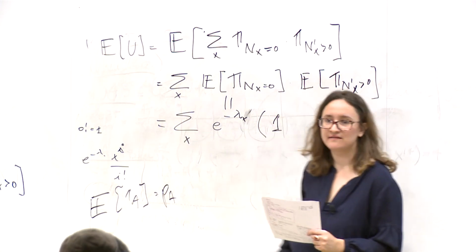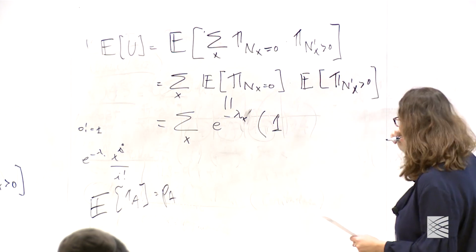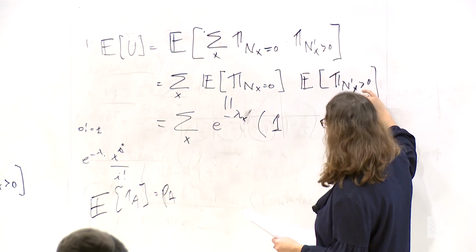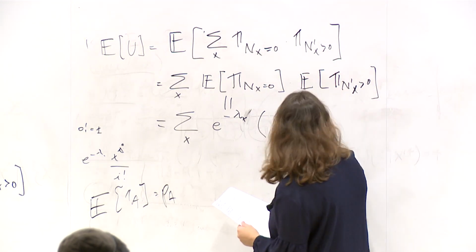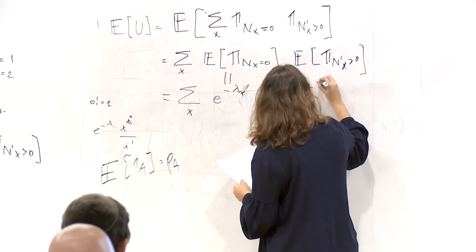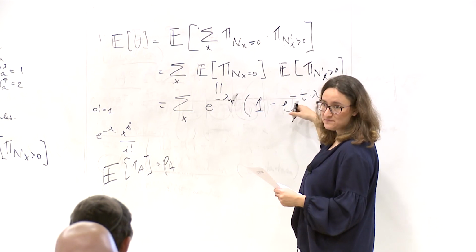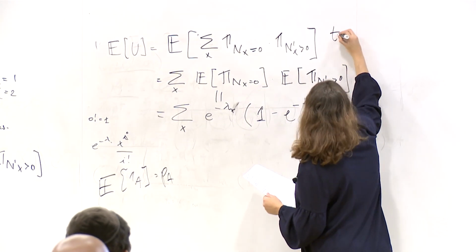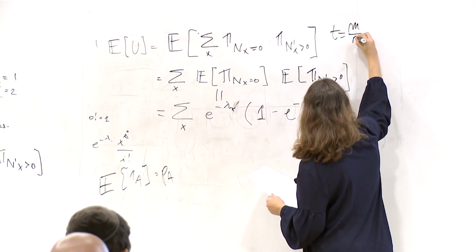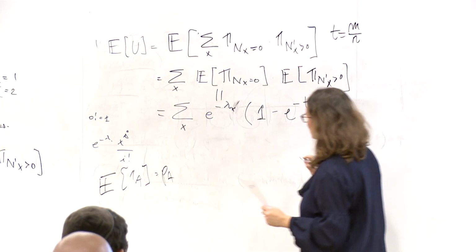That's why I don't have any integrals or sums. Cool. Since this is the opposite event, this is going to be 1 minus e to the minus t times lambda x. And where does this t come from? This t comes from the fact that this is m over n. I'm just pulling it into this lambda x constant.